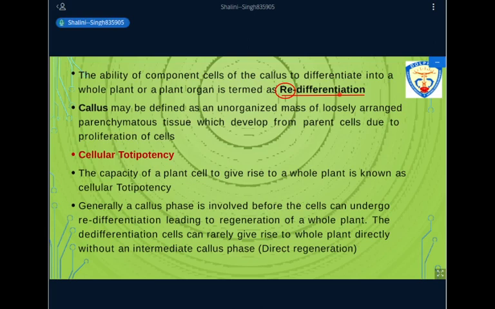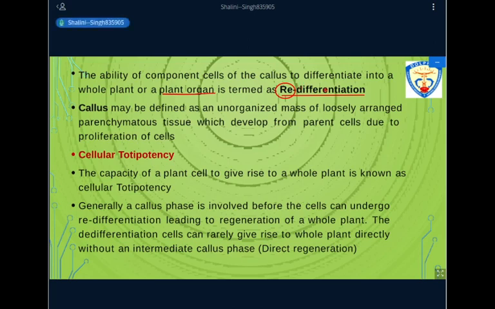So these are plant organs. When these plant organs are made from the callus tissue, it is known as the process of redifferentiation. So explant to callus is dedifferentiation. Callus to shoot or root or any plant organ is redifferentiation.